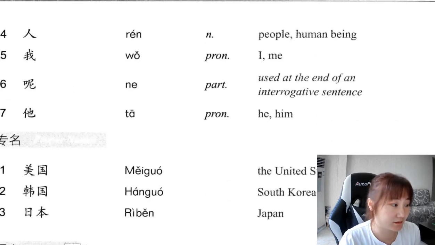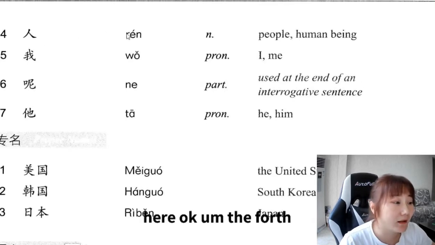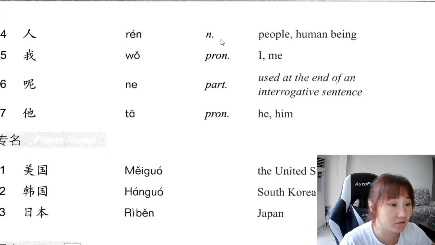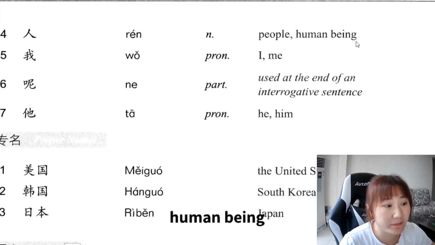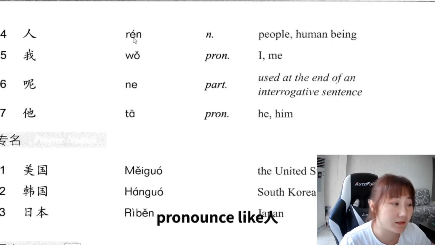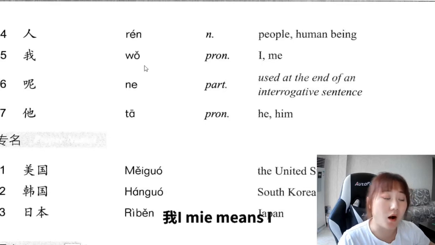Okay, next. Wow, so many characters here. Okay, the fourth 人 means people, human being. Pronounced like 人. One more 人. Next 我, I, me.